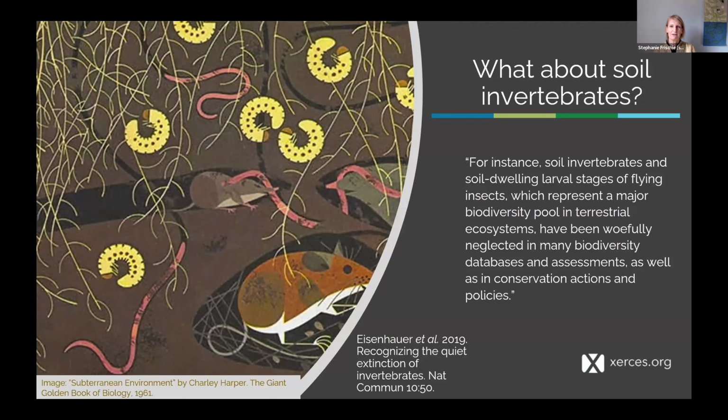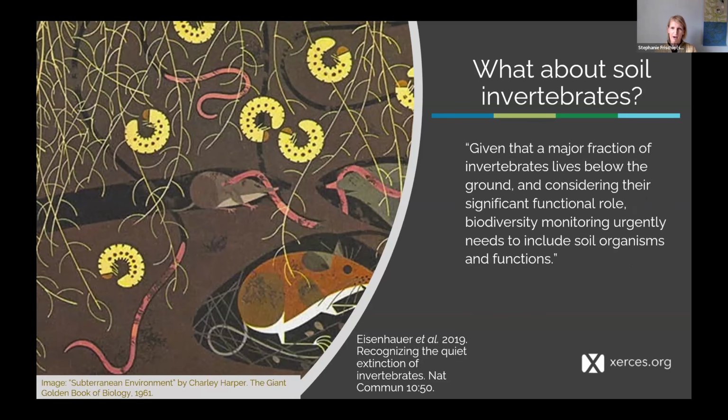This quote is from a recent review paper that looked at trends in invertebrate populations globally, where the author said, soil invertebrates and the soil-dwelling larval stages of flying insects represent a major biodiversity pool in terrestrial ecosystems, yet they have been woefully neglected in many biodiversity databases and assessments, as well as in conservation actions and policies.